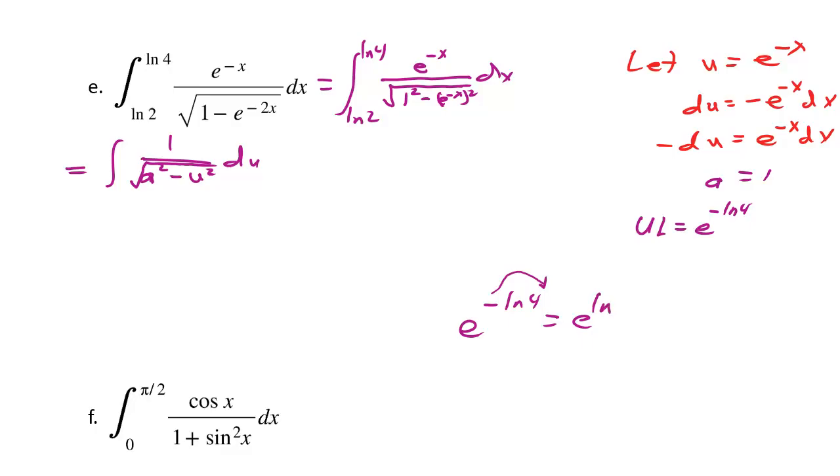So this will be e to the natural log of 4 to the negative 1. And remember, if you have e to the ln, it just cancels out. So we end up with 4 to the negative 1, which is 1 over 4. Okay, so our upper limit's going to be 1/4. And then our lower limit, that'll be e to the negative ln 2, which is 1/2.